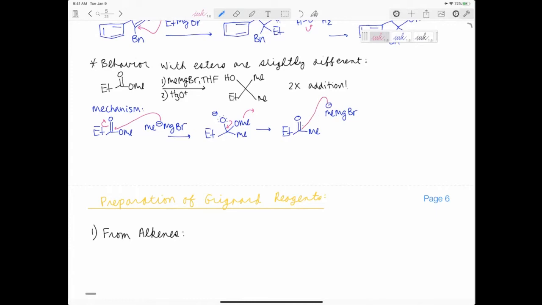It's going to come in again to attack the carbonyl. This time we're going to do a cross, because that gets knocked out right now. So now I have a second addition of another methyl group. And then the last step is just adding on the proton from water or from an acid. This just gives me the product.